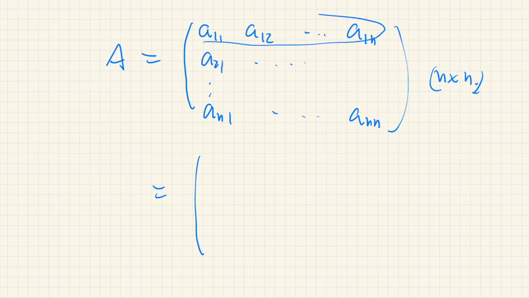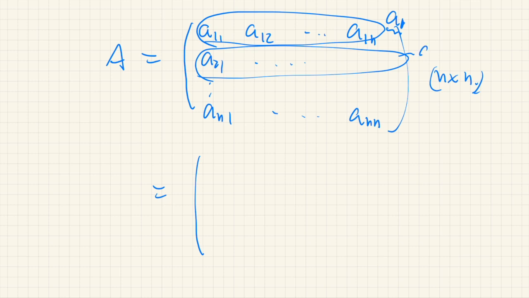The first row is a row vector a1, the second row is another vector a2, and so on up to an.